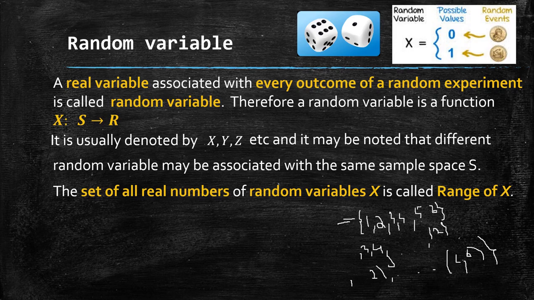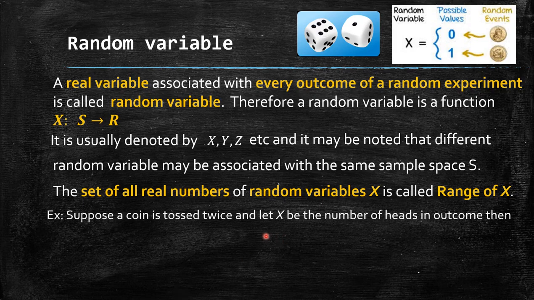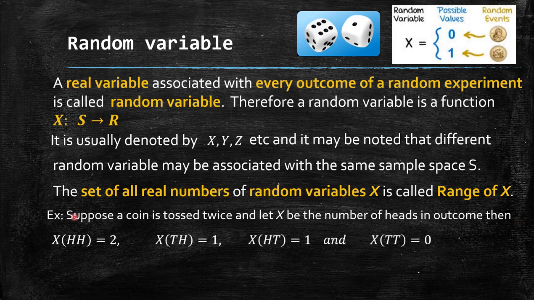For each outcome, if I assign a random variable, say X, as the count of heads, the total number of heads, then what are the real numbers it takes? Suppose the experiment is tossing a coin twice, and let X be the number of heads in the outcome. For the outcome (h, h), the value of X is 2, the total number of heads.